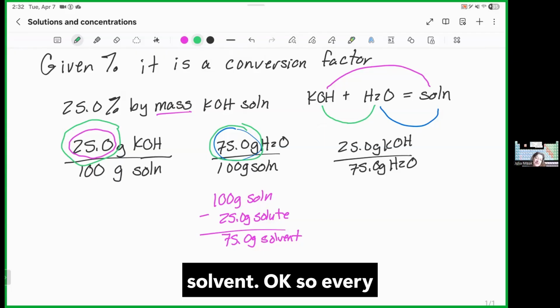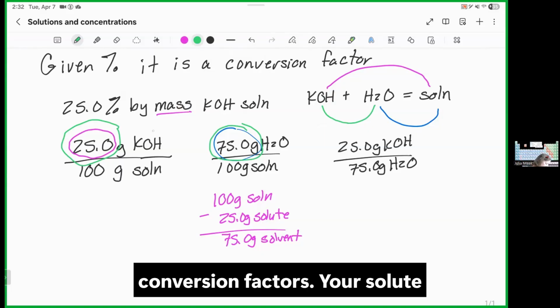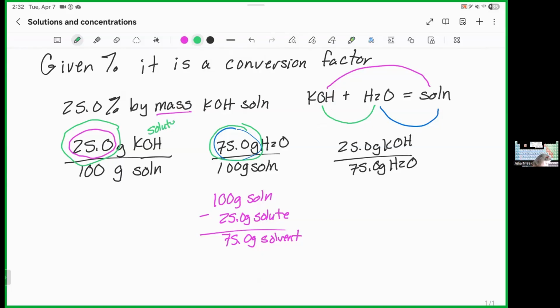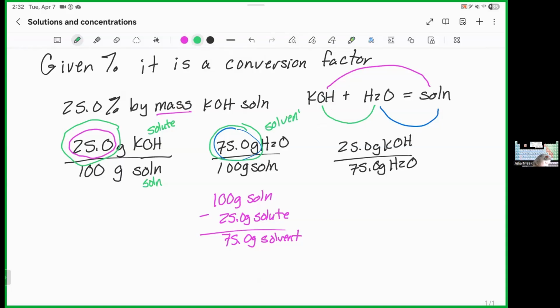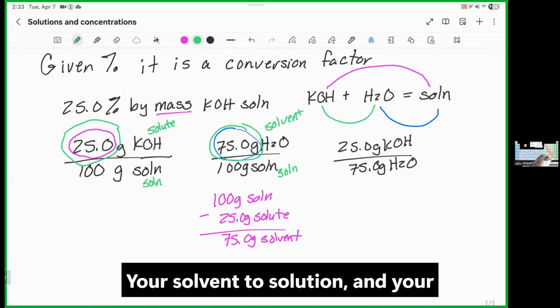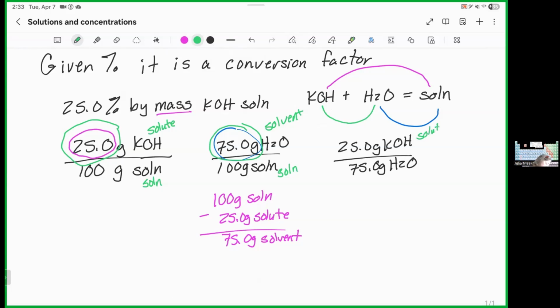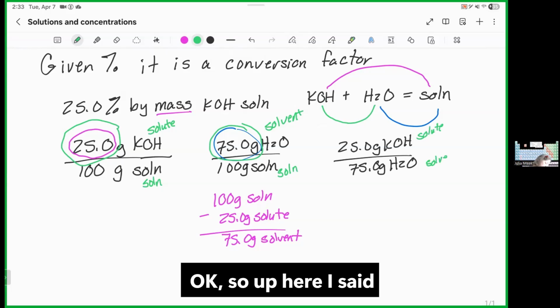Okay, so every percent gives you 3 conversion factors: your solute to solution, your solvent to solution, and your solute to your solvent.